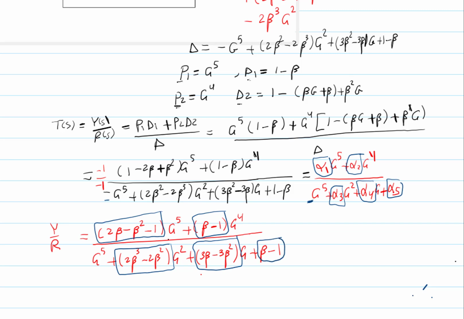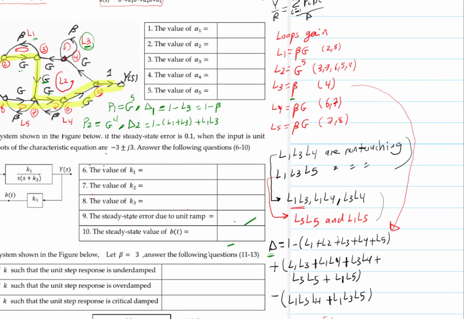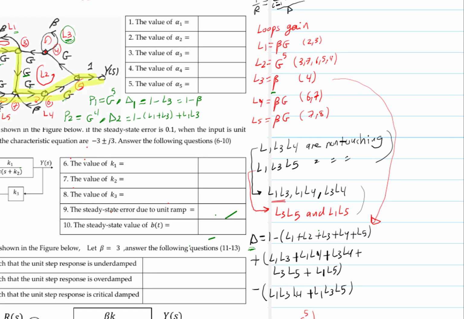So now we can write the values for the alpha in terms of the beta, such that alpha 1 is equal to 2 beta minus beta square minus 1, alpha 2 is beta minus 1, alpha 3 is 2 beta cube minus 2 beta square, and alpha 4 is equal to 3 beta minus 3 beta square.